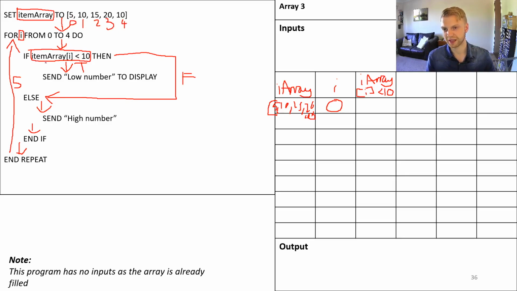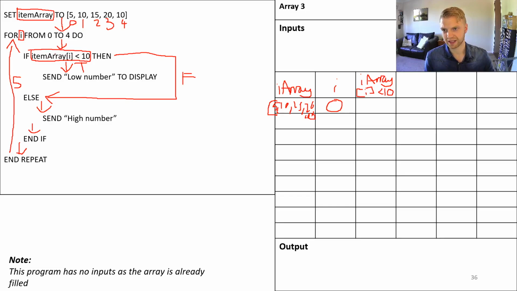Now when you see if item array I, what you're doing is you're looking up what the value of I is, which is currently 0, and you look up this, so it's 5. So you're actually asking if the item at position 0, because I is currently 0, is less than 10.